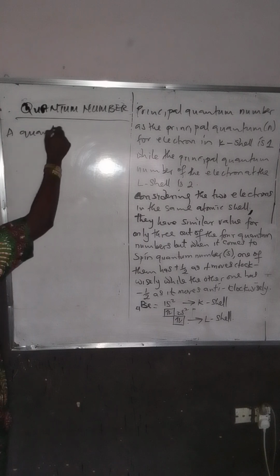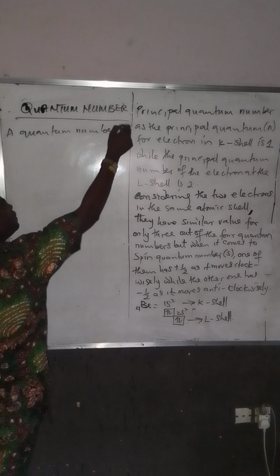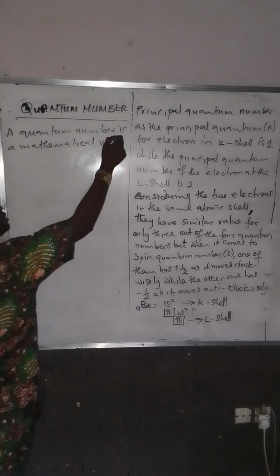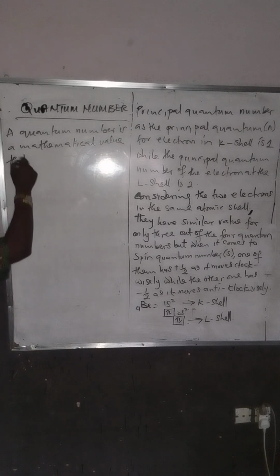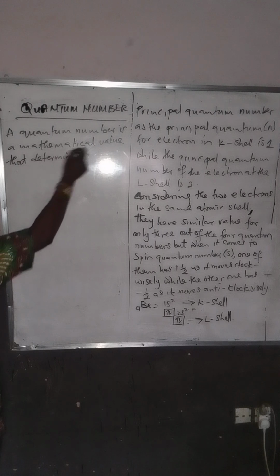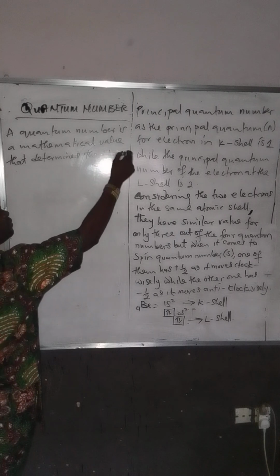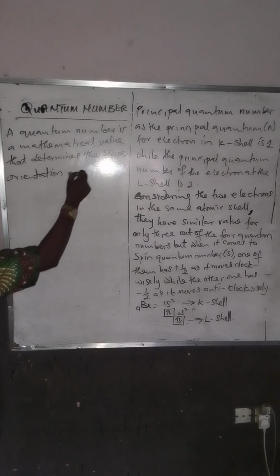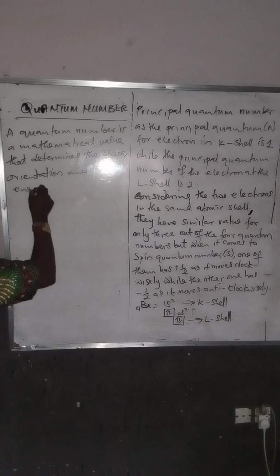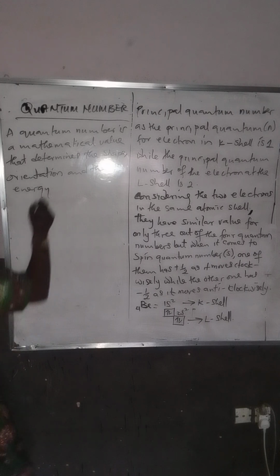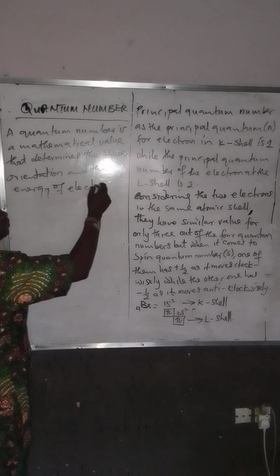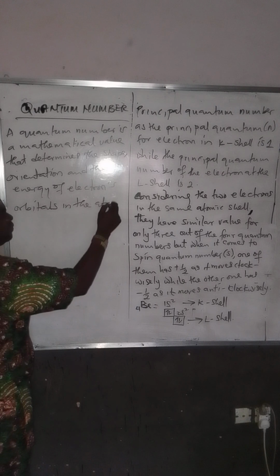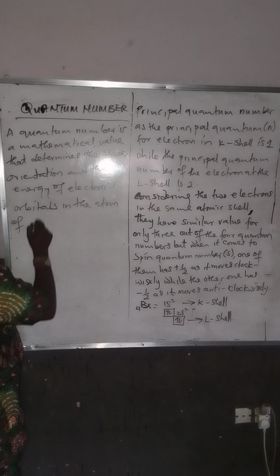A quantum number is a mathematical value, just a value, a number that determines the shape, the orientation, and the energy of electron orbitals in the atom of elements.